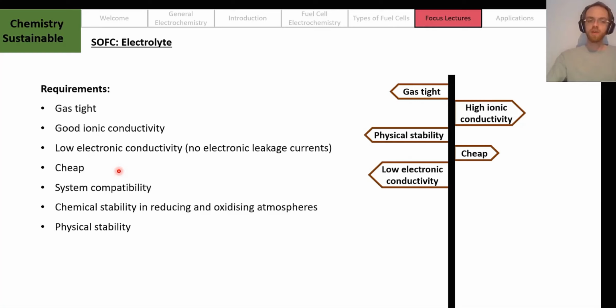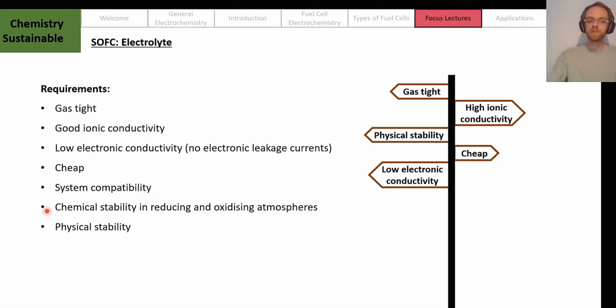So we would like to have something cheap. What might seem obvious only at a second glance, when you think about the engineering perspective, is that we also need system compatibility. So the electrolyte, of course, also has to match well with interfacial areas with our electrodes, for example. And of course, it has to transport the right ion, to state the very obvious fact here.